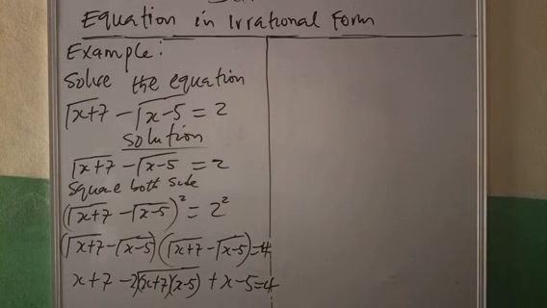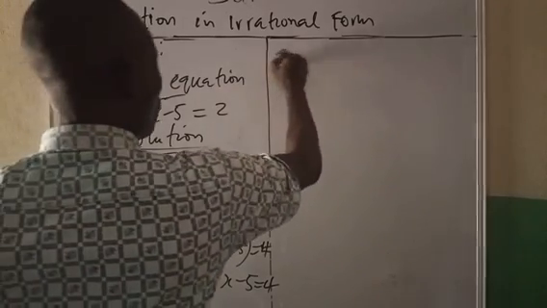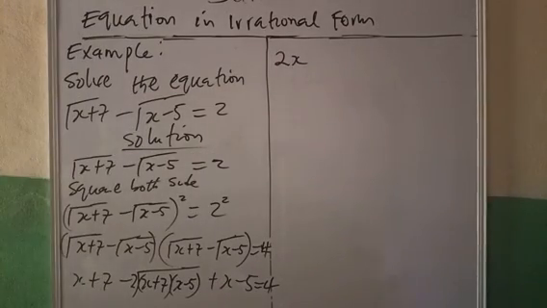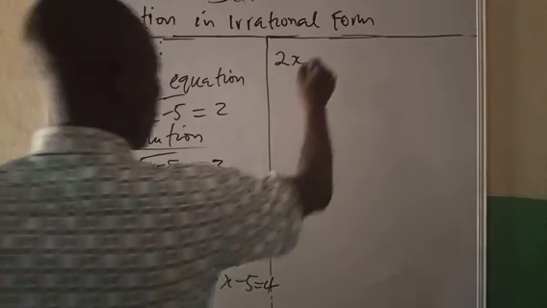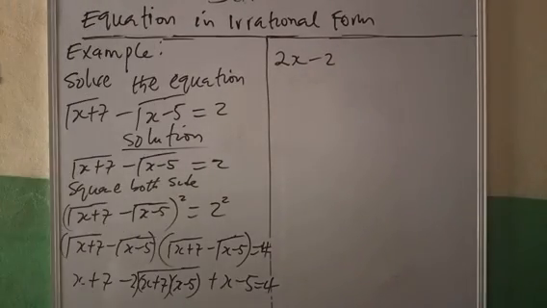So s plus s will give you 2s. Then your 7 minus 5 will give you 2.